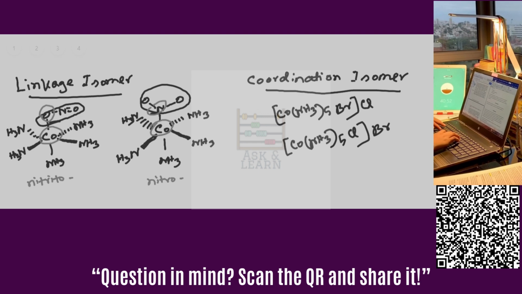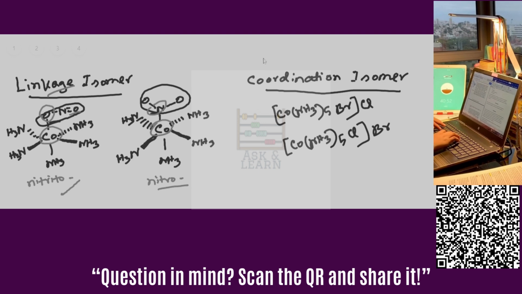So for this type of ligand, we can have two types of isomerism, which are called linkage isomerism. In this case, this isomer is named the nitrito isomer and this one is named the nitro isomer.